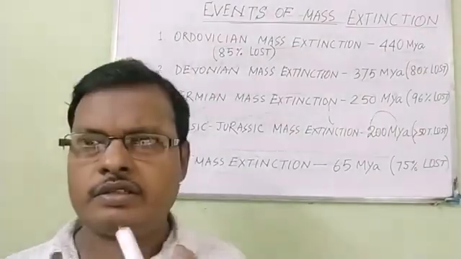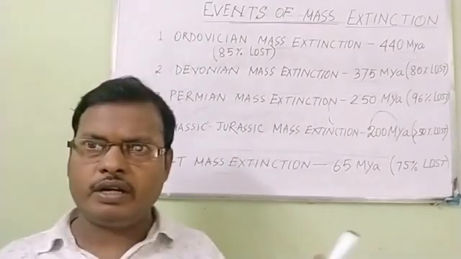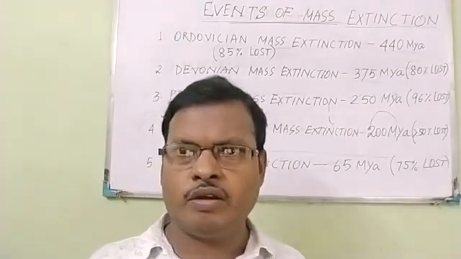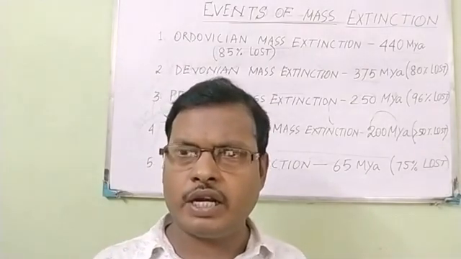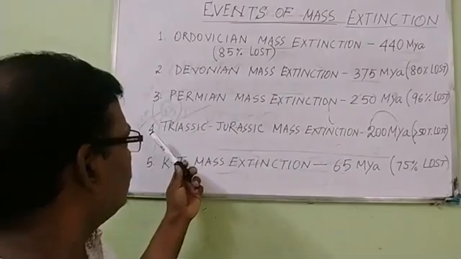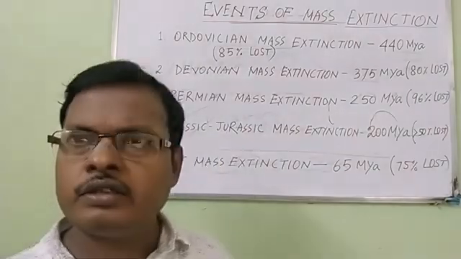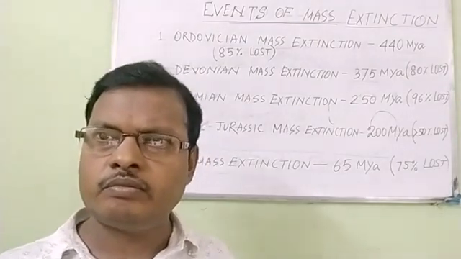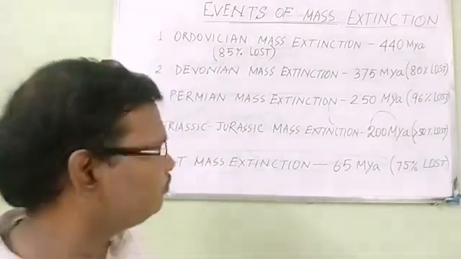This era is famous for reptilian culmination. Dinosaurs, the terrible lizards, reptiles, dominated the earth's surface, both on land and in water. In Jurassic, they reached their peak of culmination or domination.